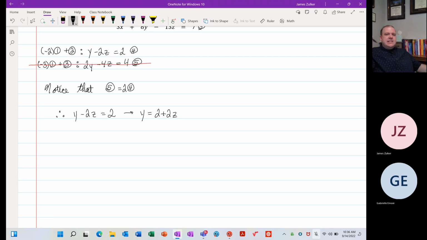So z is an independent variable in this case. That means we can let z be any real number we want. Y depends on the value of z.